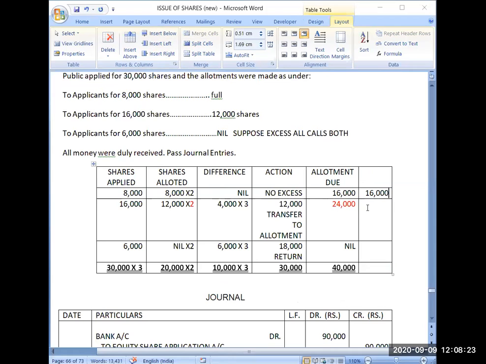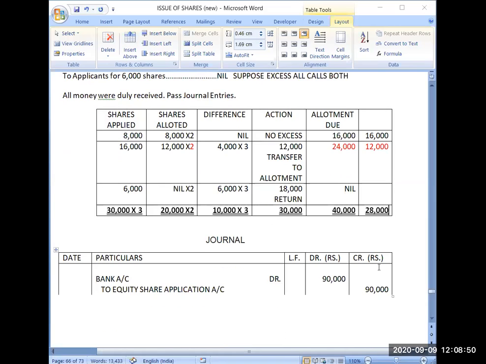But how much will the pro rata allotment category pay? Yes, 24,000 I need, 12,000 I am having already. So 24,000 minus 12,000, they will pay me 12,000. So the total amount received on allotment will be 28,000. Clear?